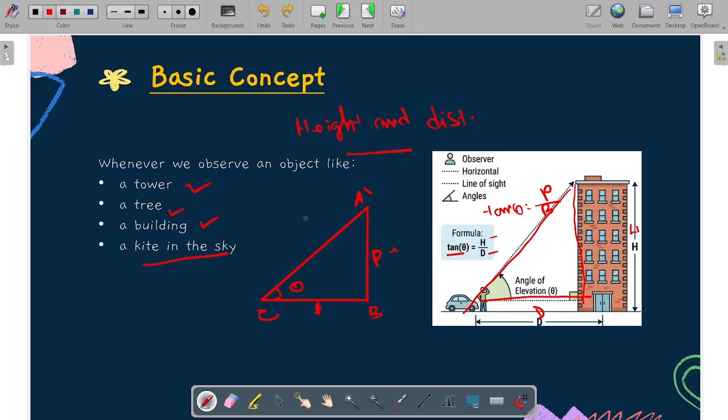Base is the distance, and this is the hypotenuse. So remember this important relation: perpendicular means height, base means distance, and hypotenuse is the line joining the observer and the object.